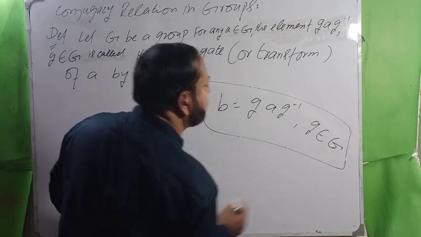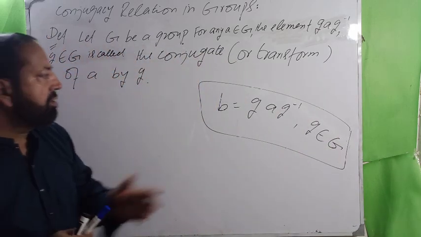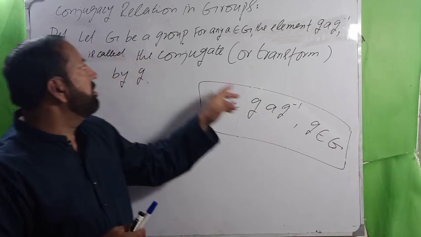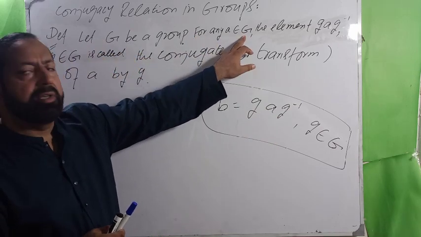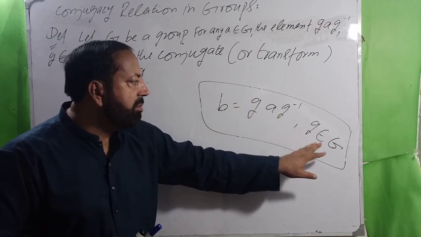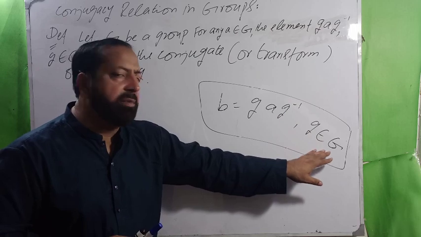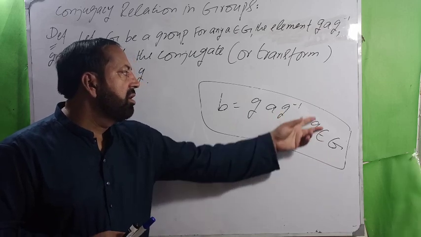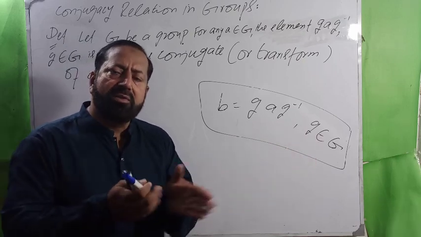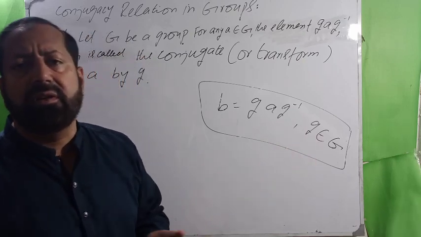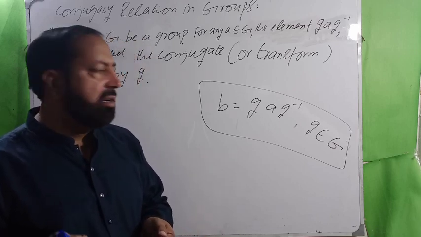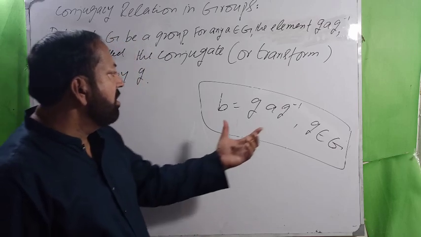Look at this. It is obvious that a is an element of G, and g is an element of G, so g inverse is an element of G. By the closure law, this is also an element of G. Of course b is an element of G. So from the elements of G, a few elements are in fact conjugate to a.